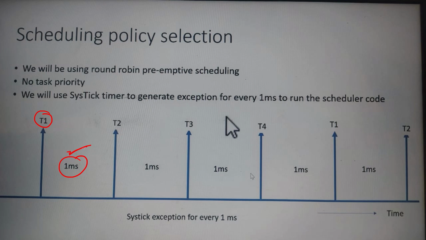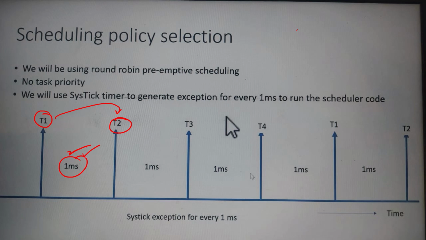In our example, we give 1 millisecond to every task. After 1 millisecond, we'll switch to task 2. Now see how your processor will get to know that 1 millisecond is completed: by using the SysTick timer.